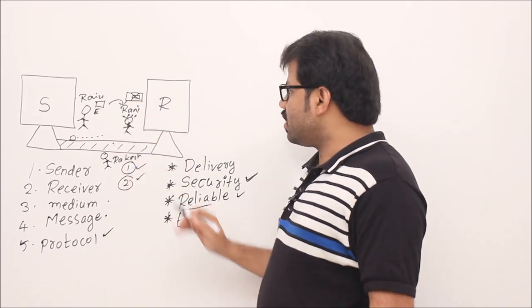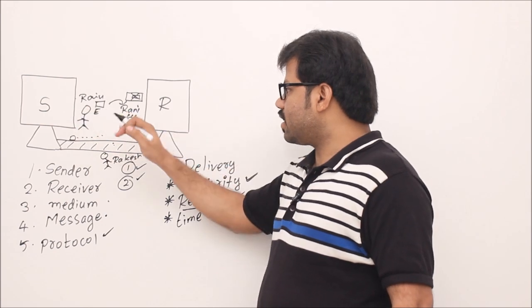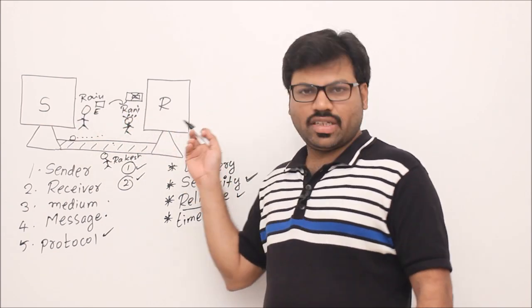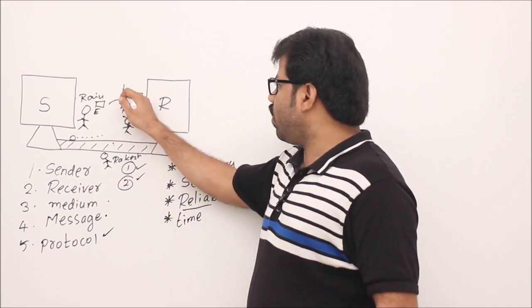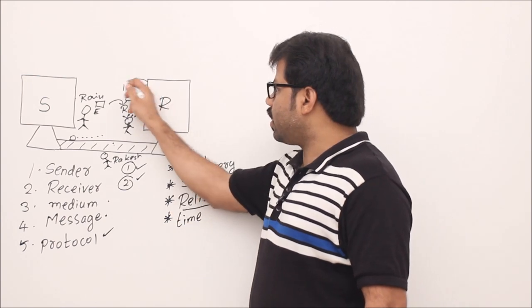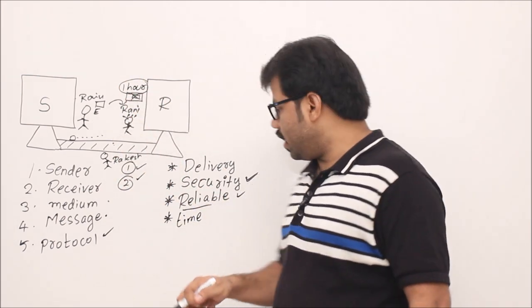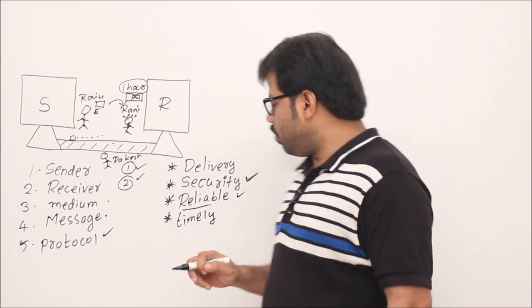Similarly, sometimes there may be urgent messages, so Raju should send that message. For example, Rani is leaving to another place. She is relocating, and she wants to stay here for only 1 hour. Then Rani is expecting the letter within 1 hour. So finally, one more characteristic is timeliness, right? So timeliness.